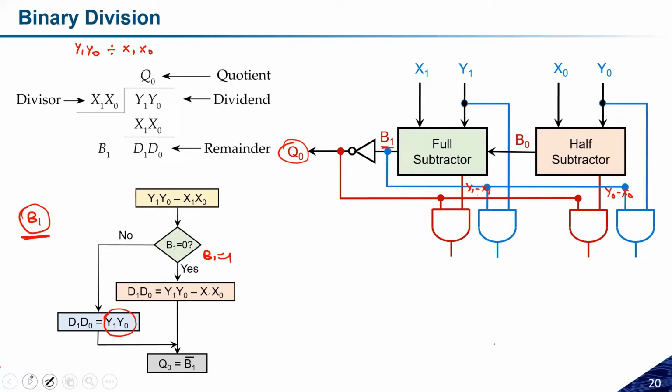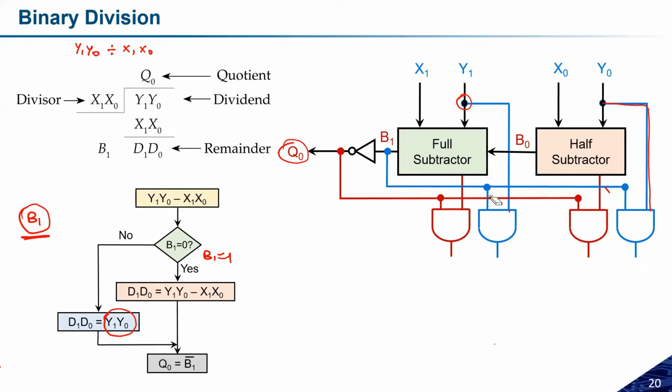Like this. I need to pass this y1 directly, and b1 will act as a control signal that will allow y1 to pass, and similarly this b1 will act as a control signal that will allow y0 to pass through it.